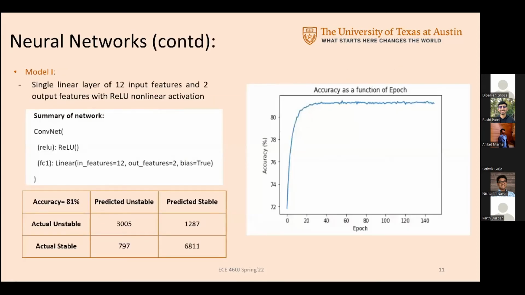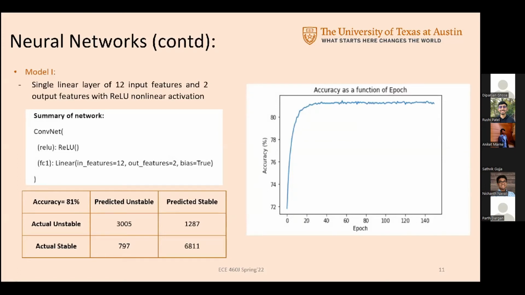To start with, for the first model, we kept a simplistic model with a single linear layer with 12 input features and 2 output features with ReLU nonlinear activation. And we saw that it shows good accuracy of 81% at around 40 epochs.